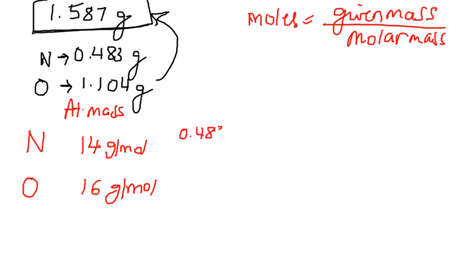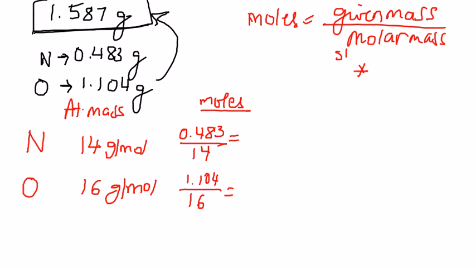If I divide it by 14, I should get the number of moles. So I want to calculate the moles of nitrogen as well as the moles of oxygen. I'm going to do that for both of these. So we are calculating. Your step one is calculate moles of each element.